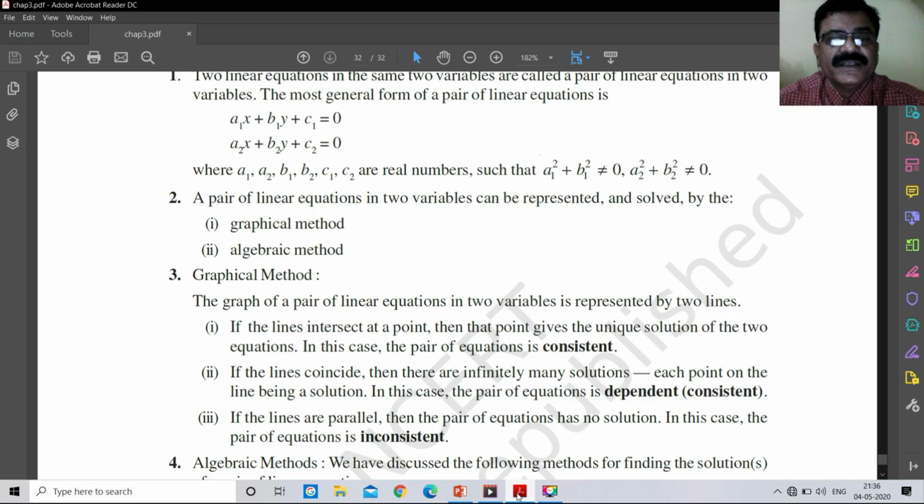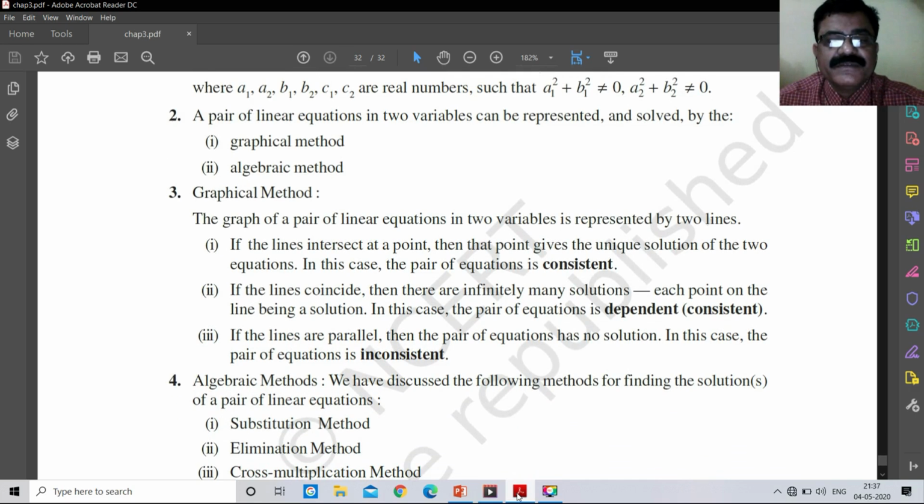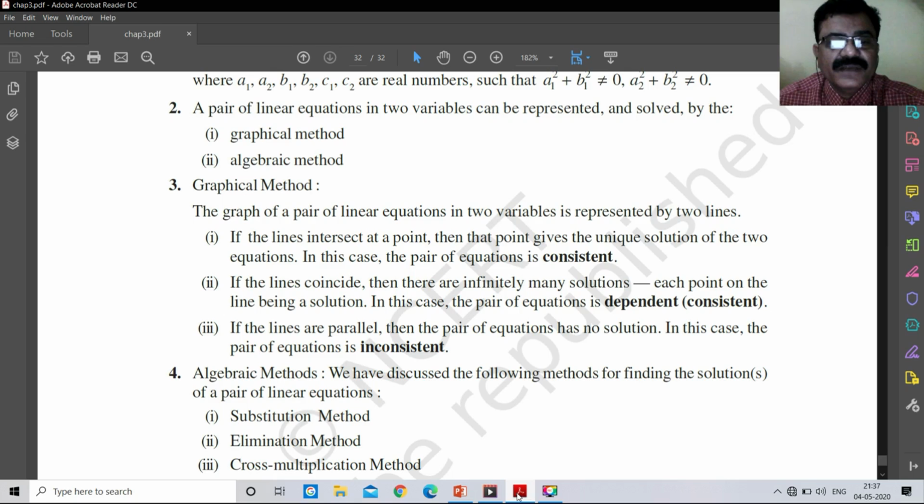So there are three cases: consistent, dependent consistent, and the third one is inconsistent. For the algebraic method, we have discussed the following methods for finding the solutions of the linear pair of equations.